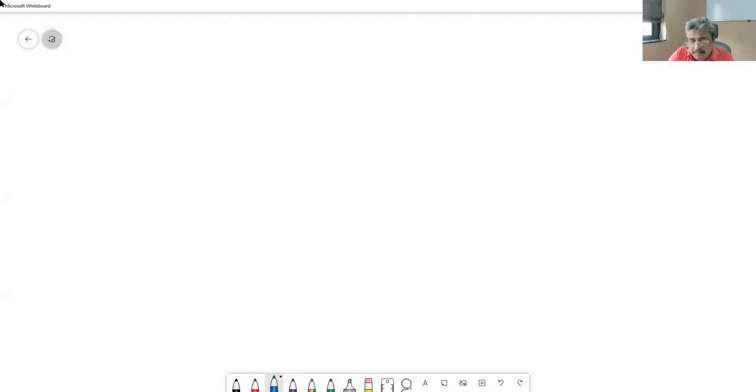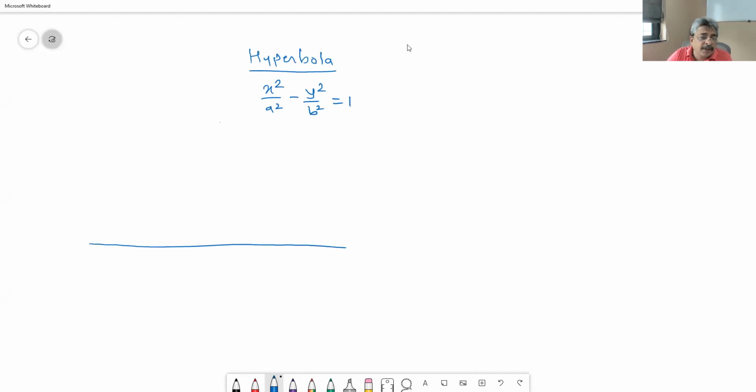Okay, we have the hyperbola standard equation: x square upon a square minus y square upon b square is equal to 1. And the diagram is x-axis, y-axis.